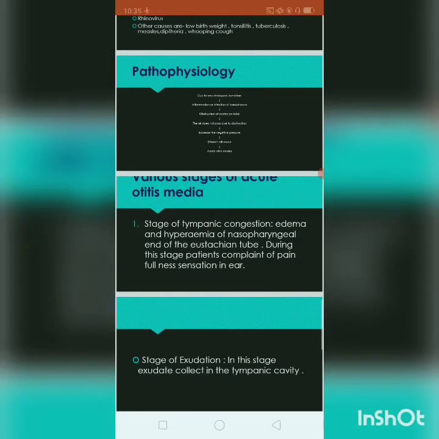The first stage of acute otitis media is the stage of tympanic congestion. In this stage, there is edema and hyperemia of the nasopharyngeal end of the eustachian tube or ET tube.